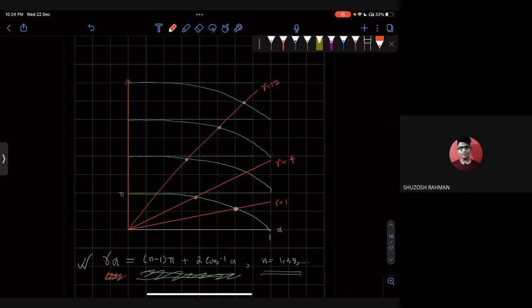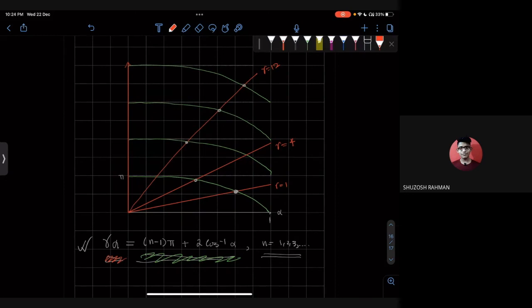And what we are doing here is changing the depth of the potential well, which is given by gamma, and alpha is essentially giving you the energy in some units.